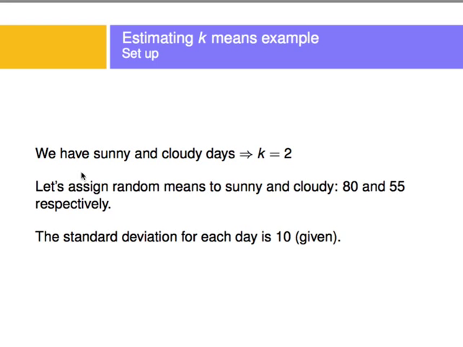So this is all we have. This 10 will become the sigma in my formulas. This will be the initial mu1, and this is the initial mu2, and this is k. So I have enough to get started. And I have my data, right? I have all my x's.